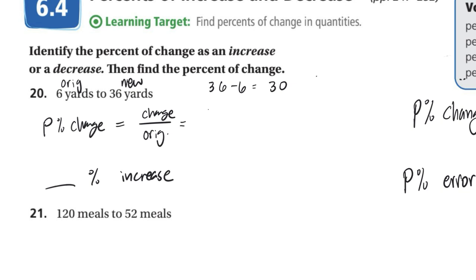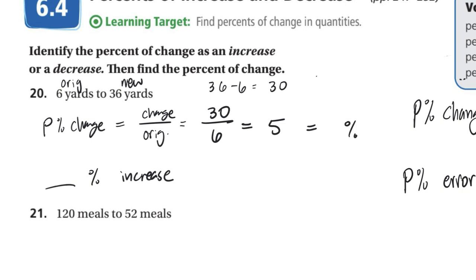So the 30 change, compared to the original amount of 6. So it over doubled, it over tripled. It grew by a factor of 5. So 30 divided by 6 is 5. And then don't forget that we want that as a percent.